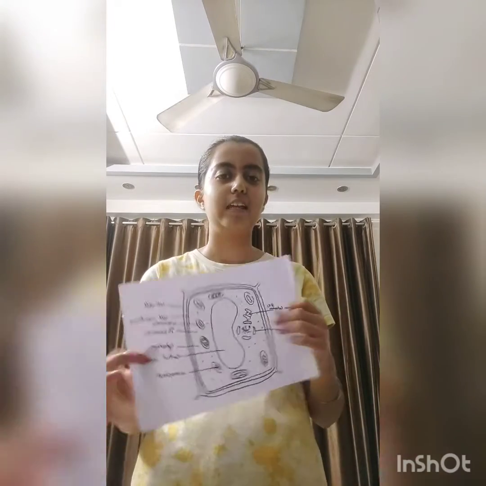Now, this plant cell does not burst out when kept in a hypotonic solution, unlike cells such as fungi or bacteria. Let me tell you what a hypotonic solution is. A hypotonic solution means one where the solute is more than the solvent.